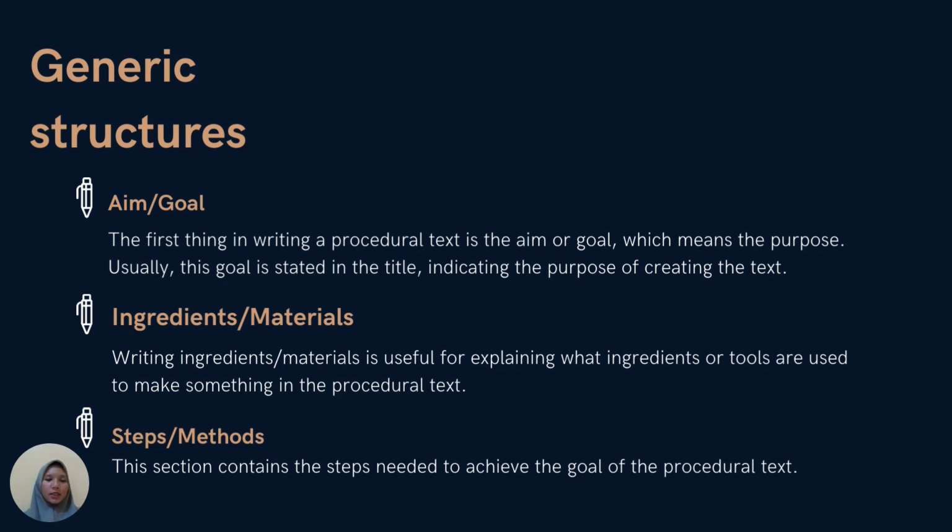And the second is ingredients or materials. Writing ingredients or materials is useful for explaining what ingredients or tools are used to make something in the procedural text. The materials could include tools, equipment, or other supplies.